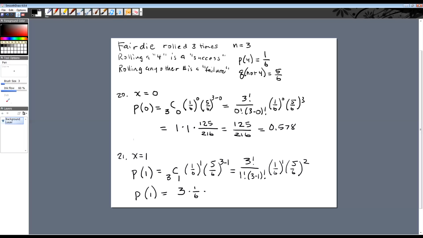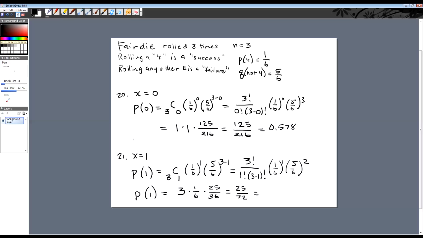And 5/6 squared is 25/36. You multiply these together and you get 25/72.